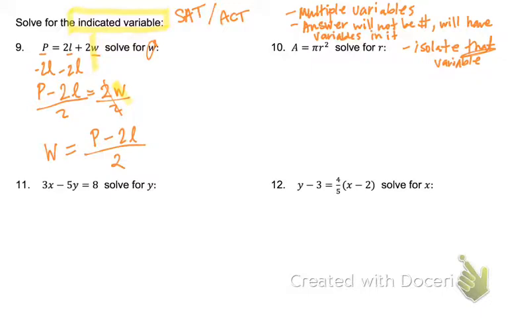I will say, though, that on the SAT or ACT, the answer choices may not have this as an answer choice. It may go ahead and break it up into 2 fractions. So if I were to break it up into 2 fractions, it would look like P over 2 minus, okay, if I had 2L over 2, the 2's would then cancel and I would just have L. So I would accept either answer.